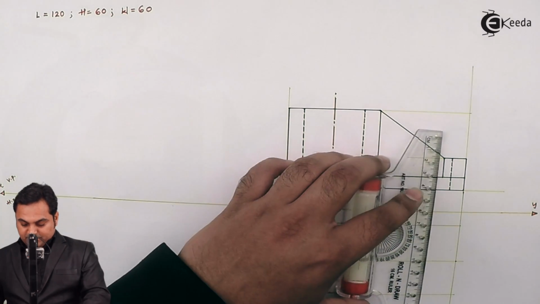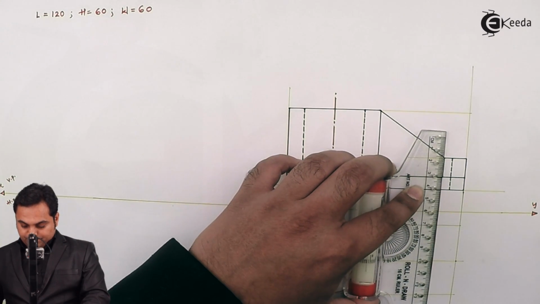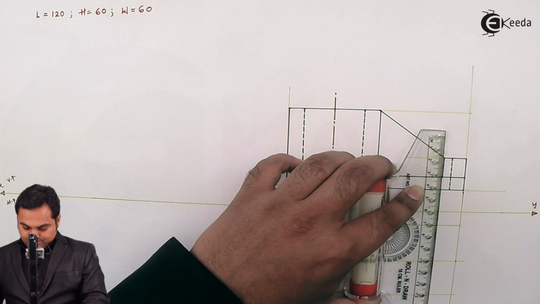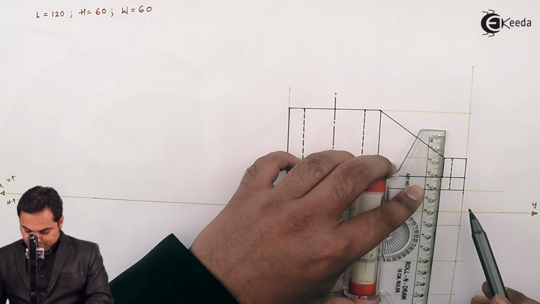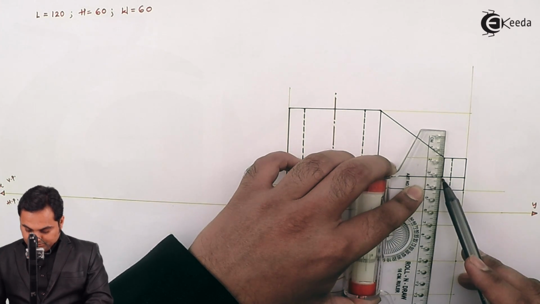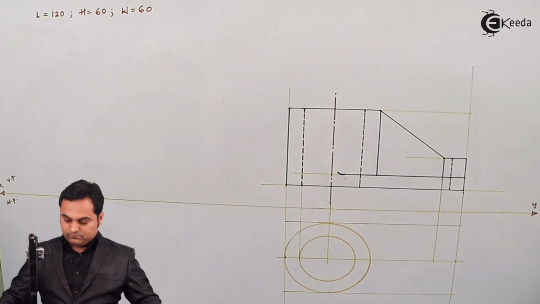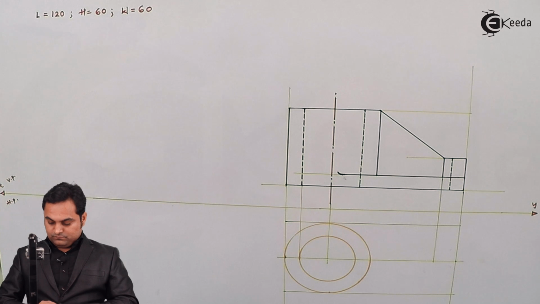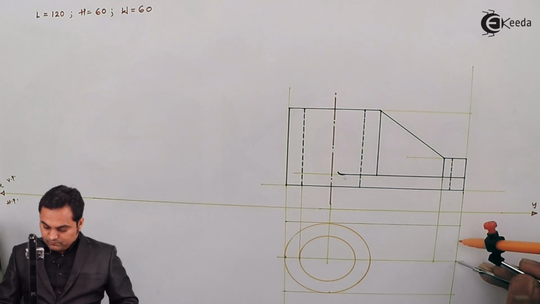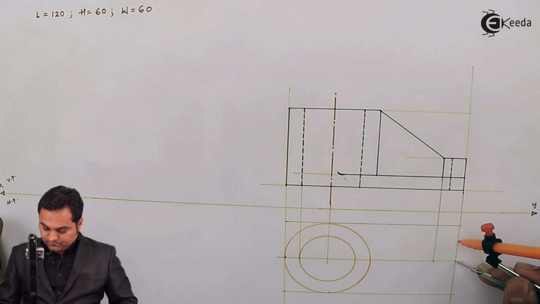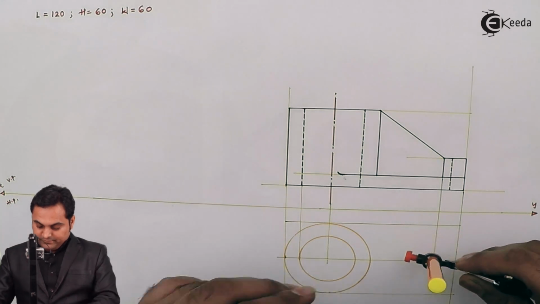For the outer semicircle, here I am projecting the radius. So drawing a light semicircle from here.